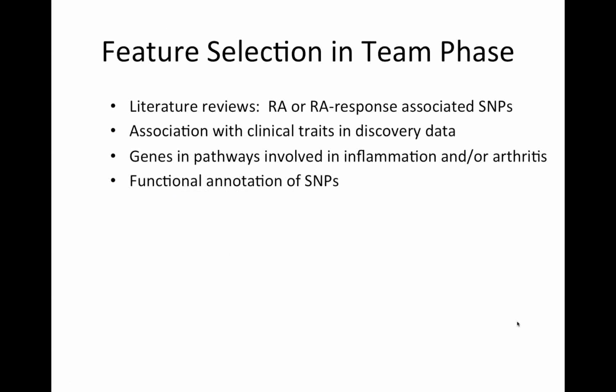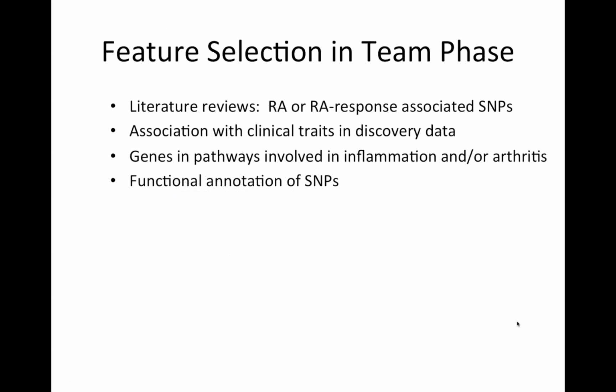Just to mention that we know, and we're happy, that the participants in the challenge are of course aware of the importance of biological knowledge in feature selection, and basically all of the team challenge predictors involved some external data in feature selection, usually up front, and typically leading to a relatively modest number of features that were used to develop predictive models.